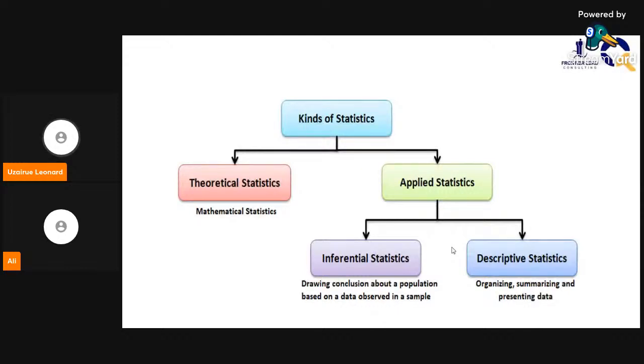Charts, tables, and figures are also descriptive statistics. But when you are talking about ANOVA, analysis of variance, t-test, chi-square, regression, correlation, and all of that, those aspects are inferential statistics, because based on the information you are getting from them, you will be able to draw conclusions.